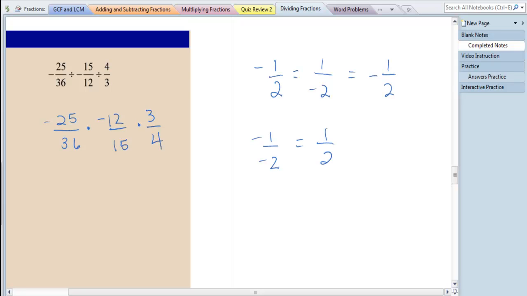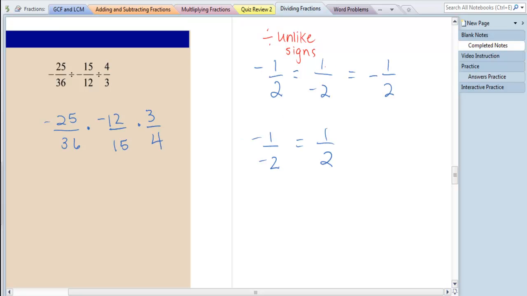It's the same thing as 1/2. So let's talk about this for a minute because it's very important to understand. If I have a negative in the numerator and a positive in the denominator, this is ultimately a division problem with unlike signs. And we know that if you have division and you have different signs, the answer is always what sign? Negative. So that's why the entire value is negative.